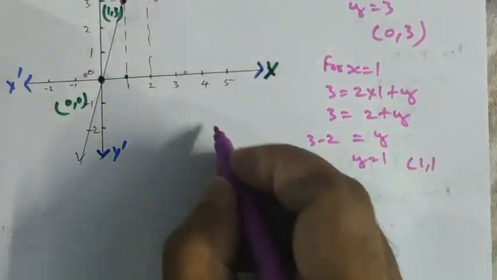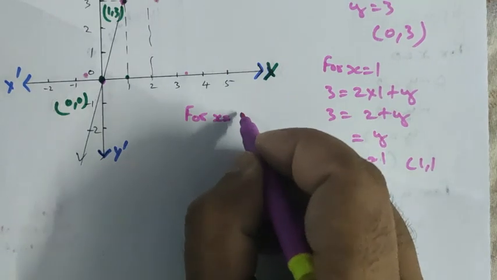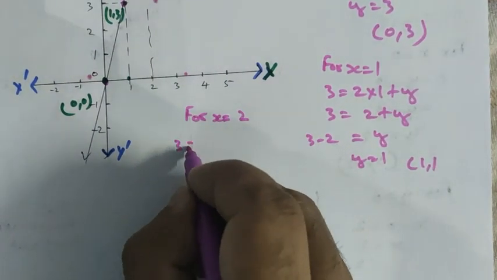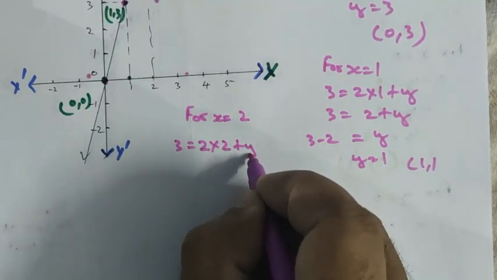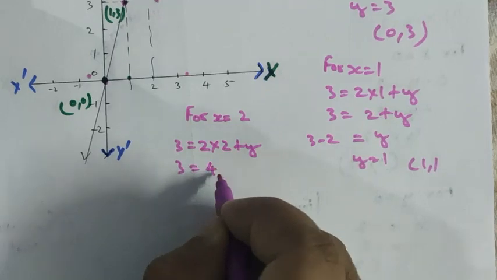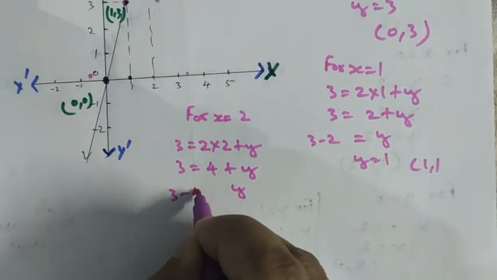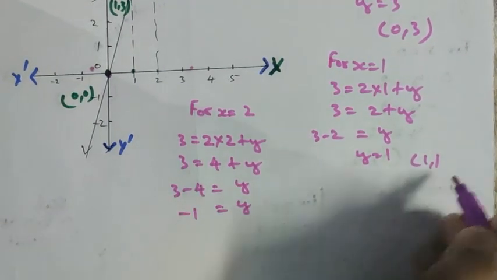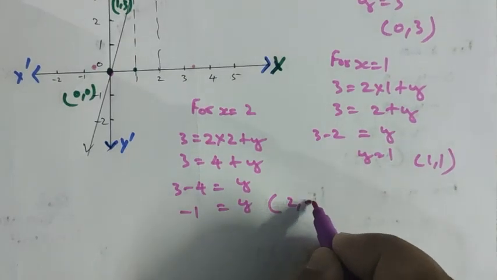Now the third point for x equals 2. For x equals 2, 3 equals 2 multiplied by 2 plus y. 3 equals 4 plus y. So y equals 3 minus 4, that is y equals minus 1. So the coordinates will be what? The coordinates will be 2 comma minus 1.